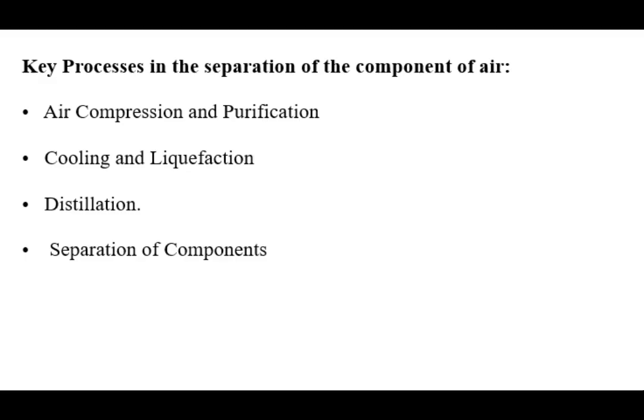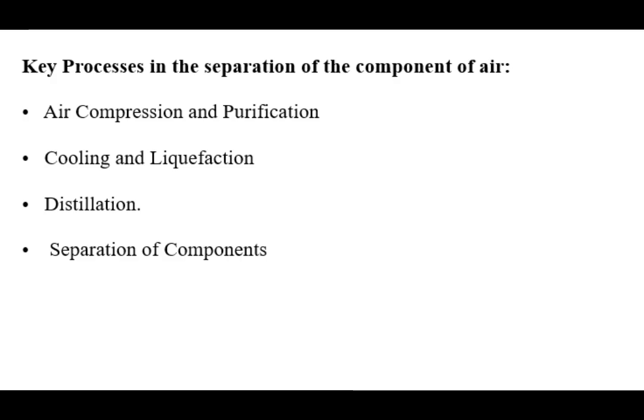Phase behavior. The phase behavior of the air components, including their boiling points and vapor-liquid equilibria, is essential in designing the cryogenic distillation process. 3. Thermodynamic properties. The thermodynamic properties of the air components, such as their specific heats, enthalpies, and entropies, are critical in designing and optimizing the air separation process.